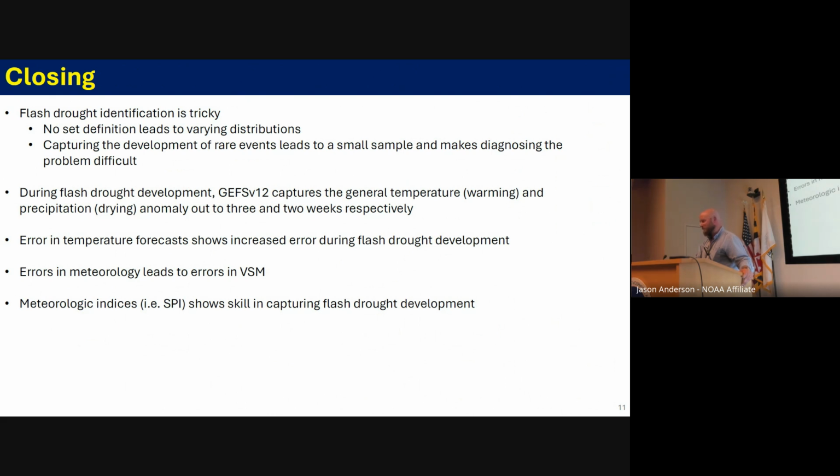Hi, Andrew. I had a question about this: flash drought identification is tricky. Do you think that has something to do with physical mechanisms or the way in which you're defining a flash drought? You know that there are certain features that get pinged if you're doing a 2 class degradation in a 2 week period, versus if you're just already at class D0 going to class D1, I guess.